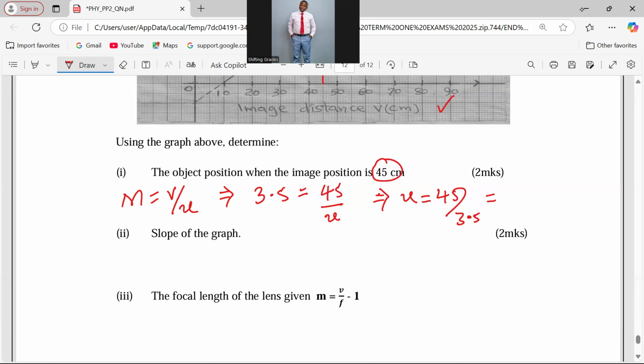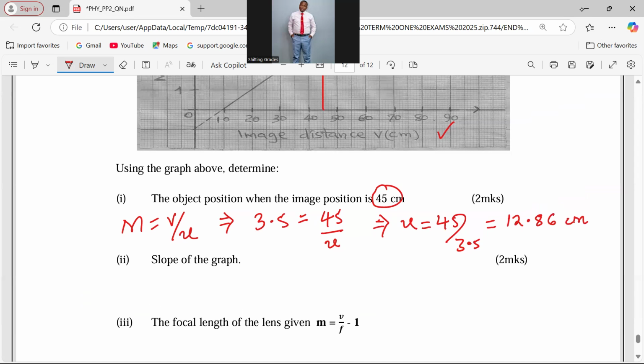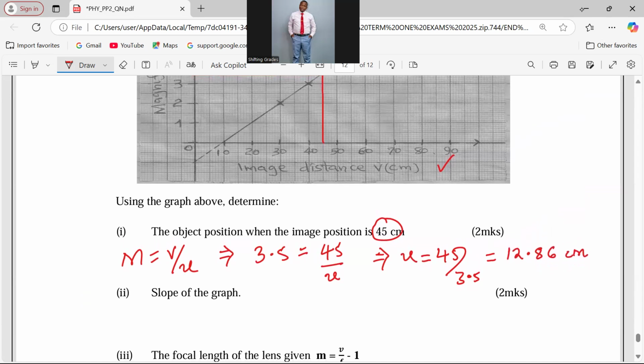So 45 over 3.5 gives me 12.86, and these are centimeters. So that is how we work out such a part.